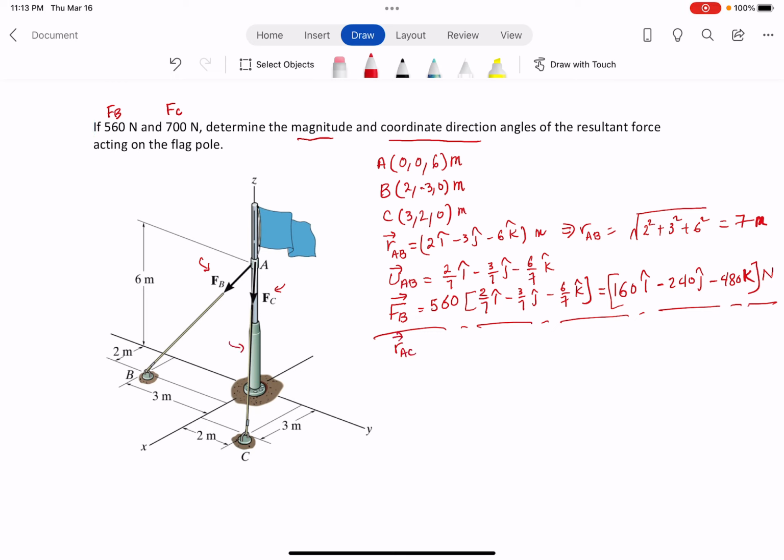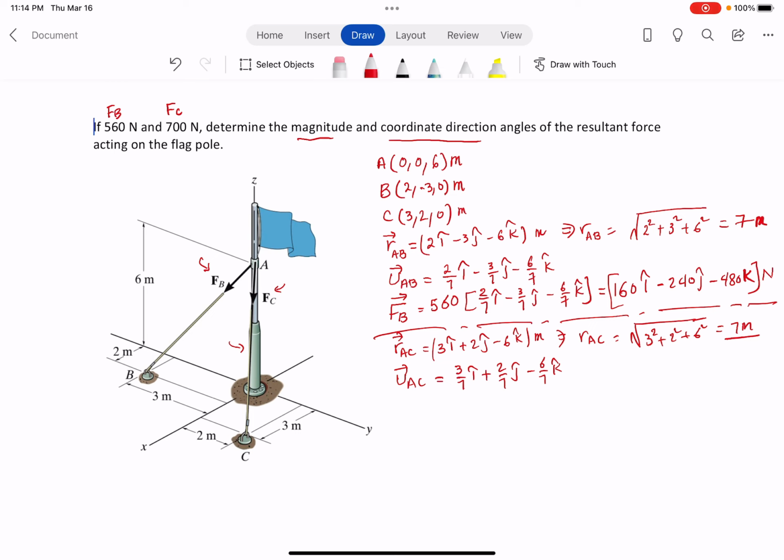The magnitude RAC is the square root of 3 squared plus 2 squared plus 6 squared. Oh, that's the same thing, 7 meters. So what is the unit vector AC? 3 over 7 i plus 2 over 7 j minus 6 over 7 k, and that is the unit vector.